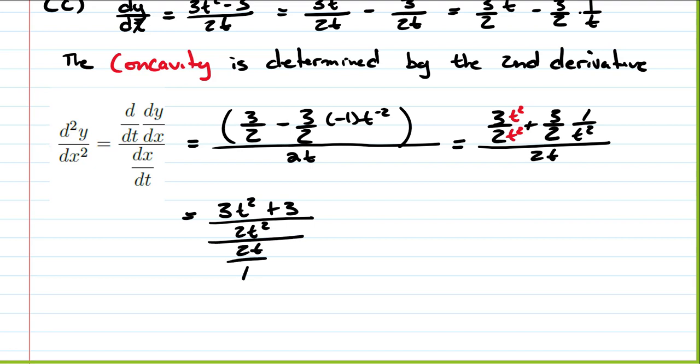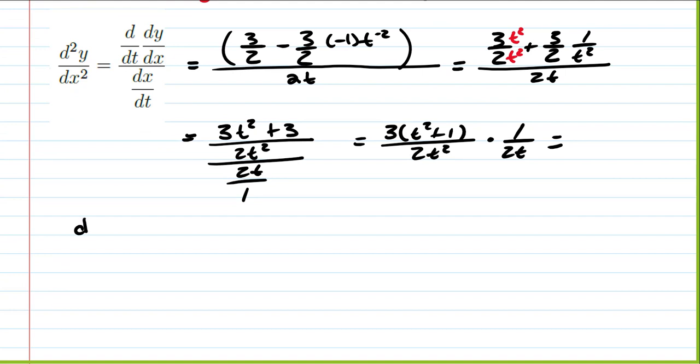And if I have a fraction divided by a fraction, I multiply by the reciprocal. Let's factor a little bit. So 3(t squared plus 1) over 2t squared times 1 over 2t. Finally, our second derivative, d2y/dx squared, is going to be equal to 3 times (t squared plus 1) all over 2 times 2, which is 4, t cubed.